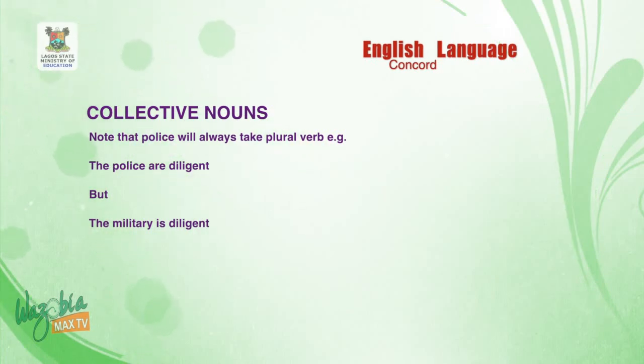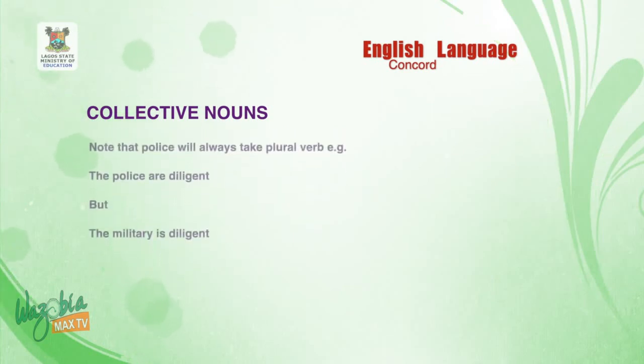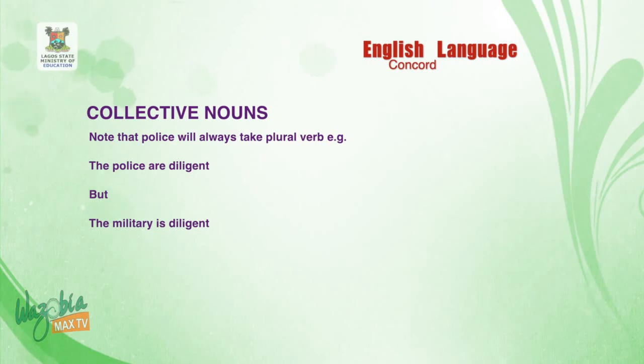Now answer the following questions by underlining the correct option. One, Akeem is one of the accountants who rarely makes or make mistakes. Which one do you think is appropriate there? Two, the teacher with his students have or has arrived.